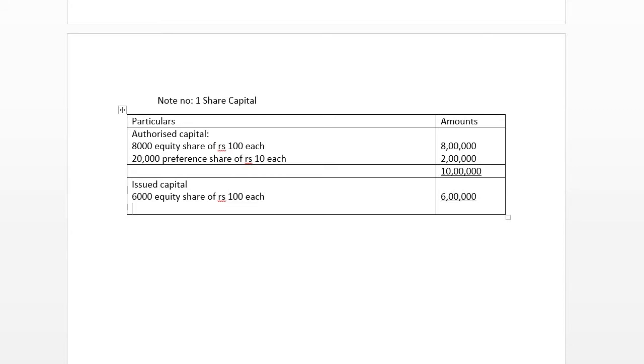Then later, out of 20,000 preference shares, assume that 20,000 preference shares are issued, of rupees 10 each. At that time, the amount of 2 lakh is the amount of preference share capital.